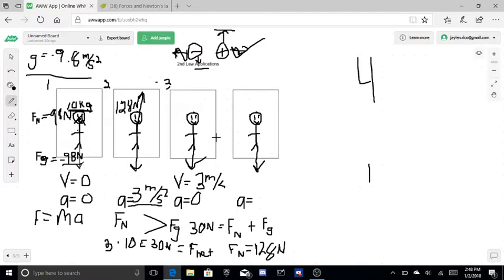So constant velocity and being at rest feel the same inside of an elevator. So from that, we know our normal force is 98 newtons, and our F net is 0.